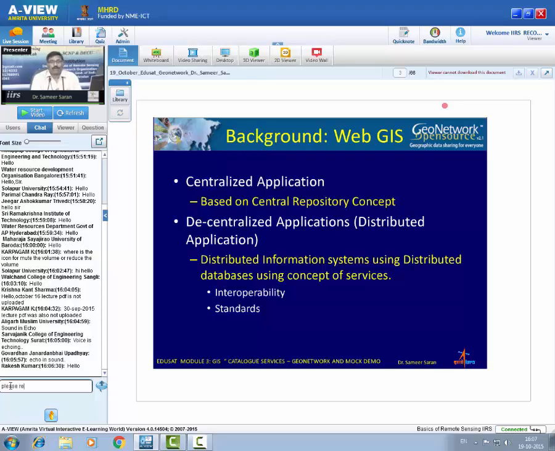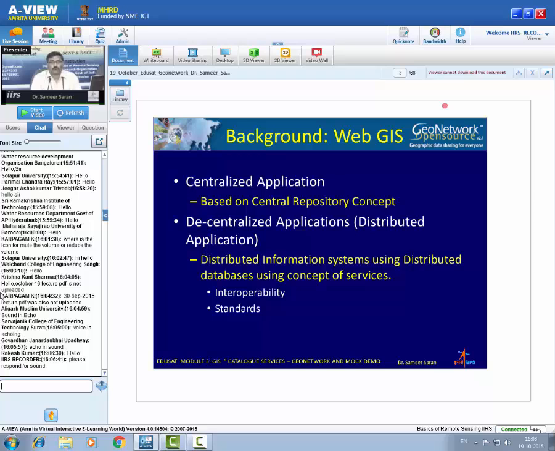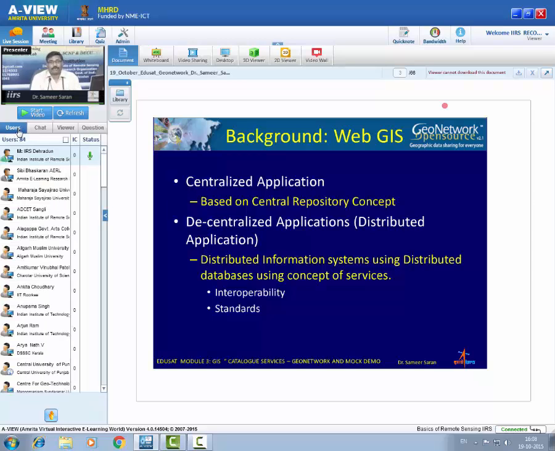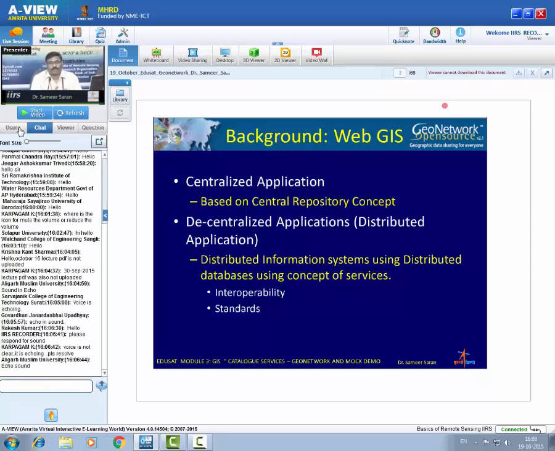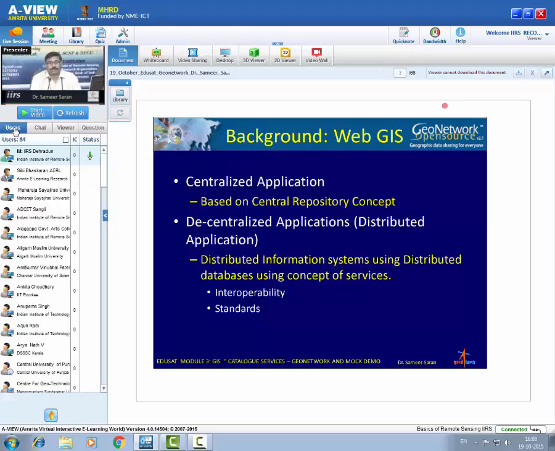For instance, in your organization, if you want to host your data, and you know that you are the only agency which generates the data, then for that, if you want to build an information system, it will be a centralized application, wherein you are disseminating the data, or providing services on the basis of the data which is available in your server. So that is a centralized concept.